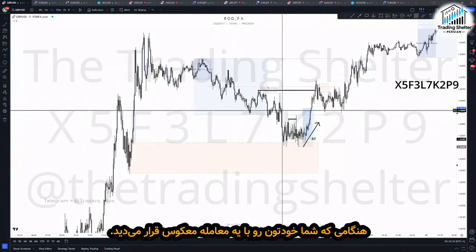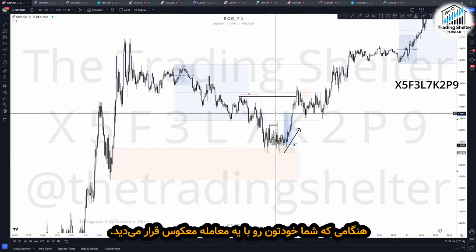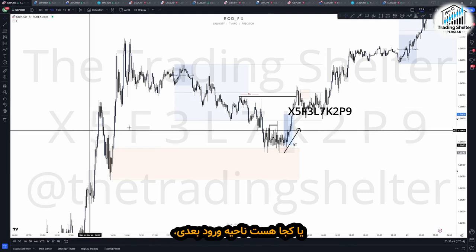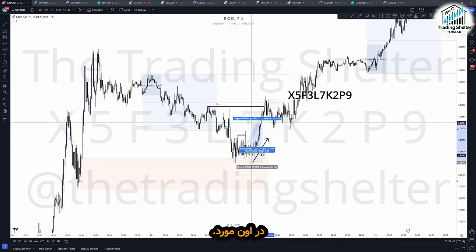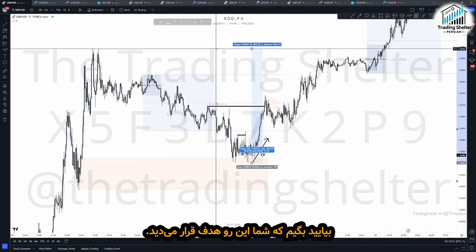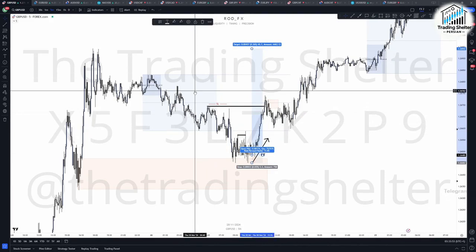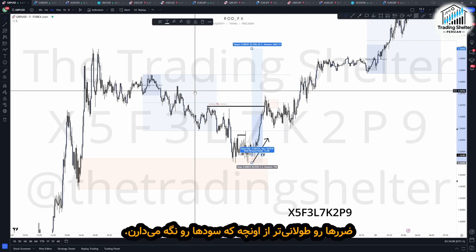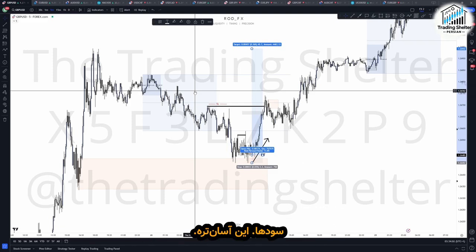When you're positioning yourself with a reverse trade, you are actually understanding where is the next liquidity zone or where is the next entry zone. In that case, let's say that you would be targeting this if you would be in this trade. It's just to give you an idea that traders always hold on losses longer than they hold on wins.